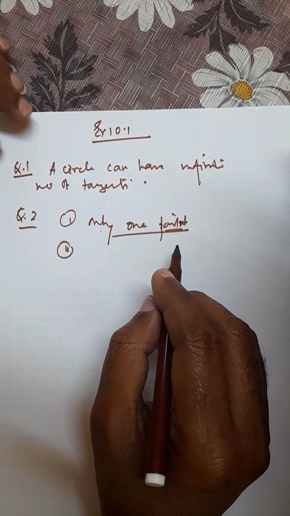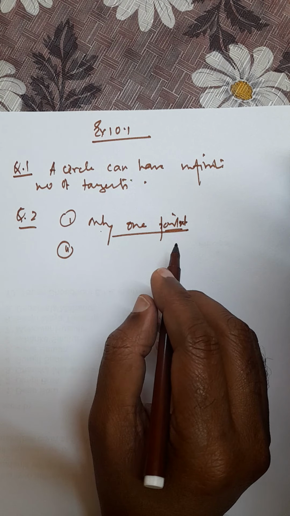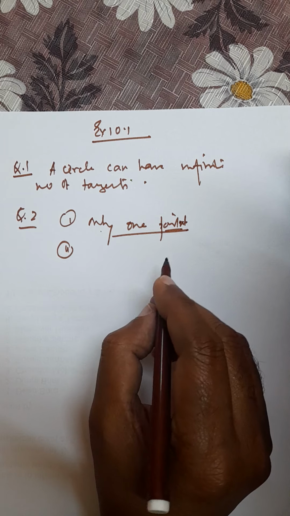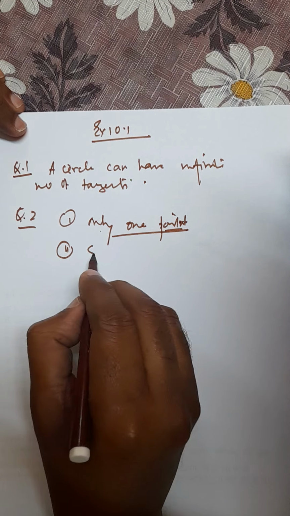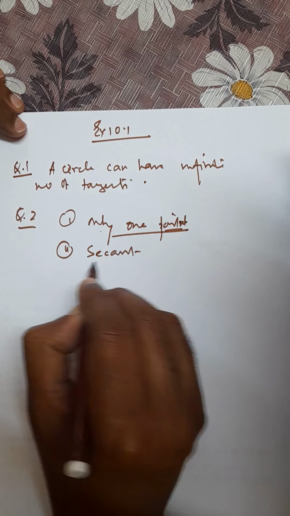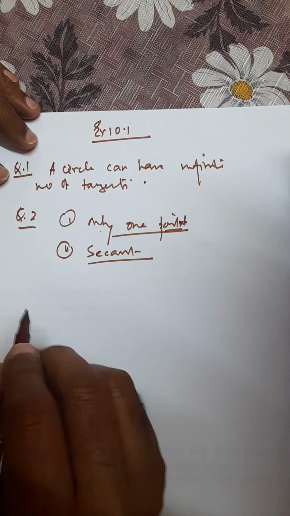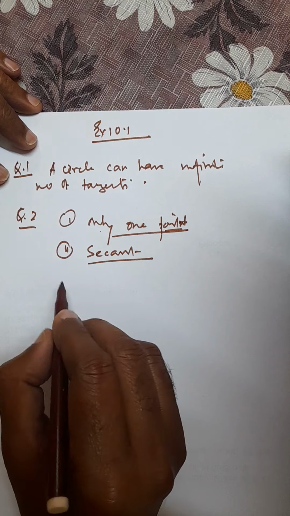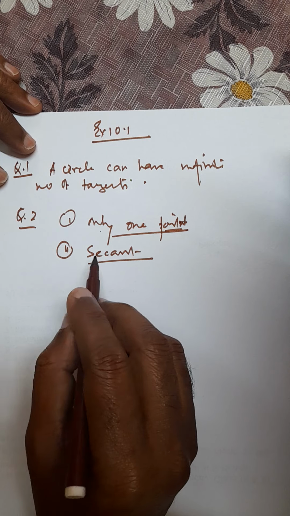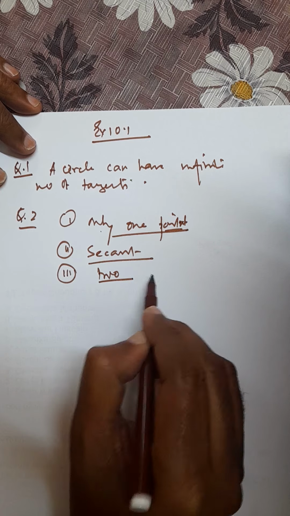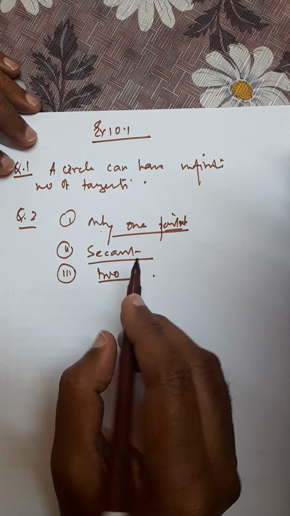Next, the line intersecting a circle in 2 points is called, the line which is intersecting a circle is called secant. This is known as secant. If 2 points, then secant, 1 point is tangent. A circle can have dash parallel tangents at the most. Already I discussed this one. 2 parallel tangents at most.